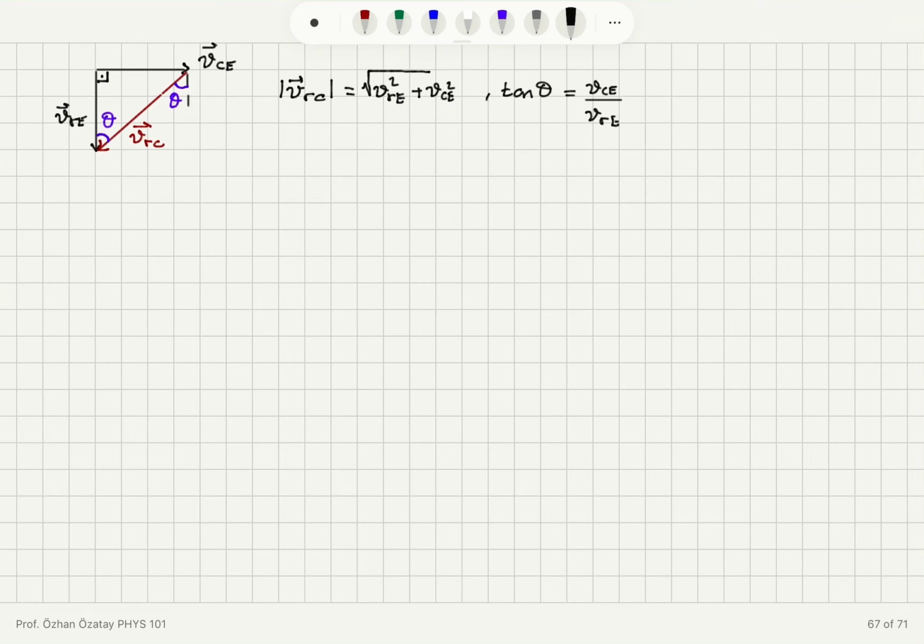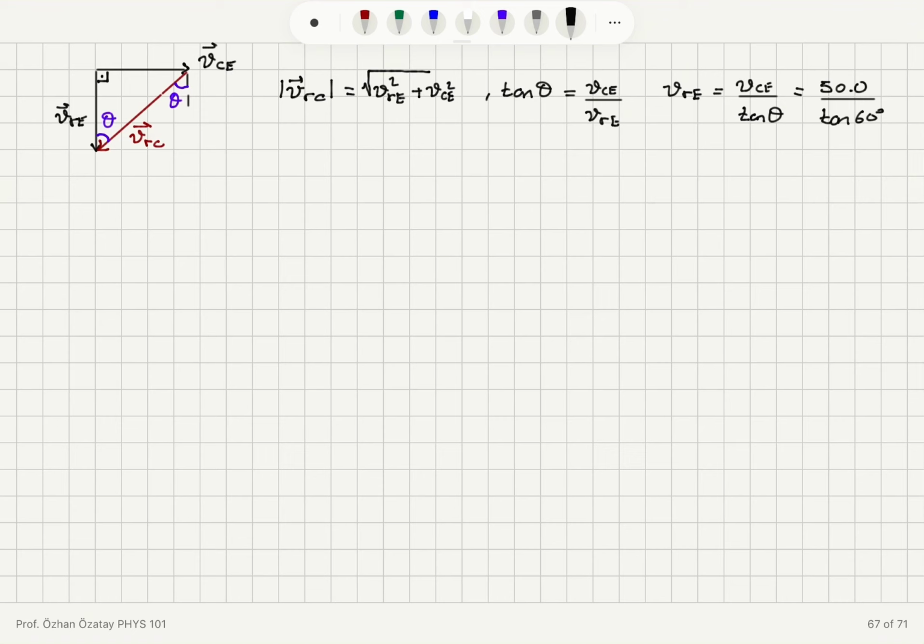So velocity of the rain with respect to the Earth reference frame, VRE, is VCE divided by tangent theta, which is 50.0 kilometers per hour divided by tangent 60 degrees.